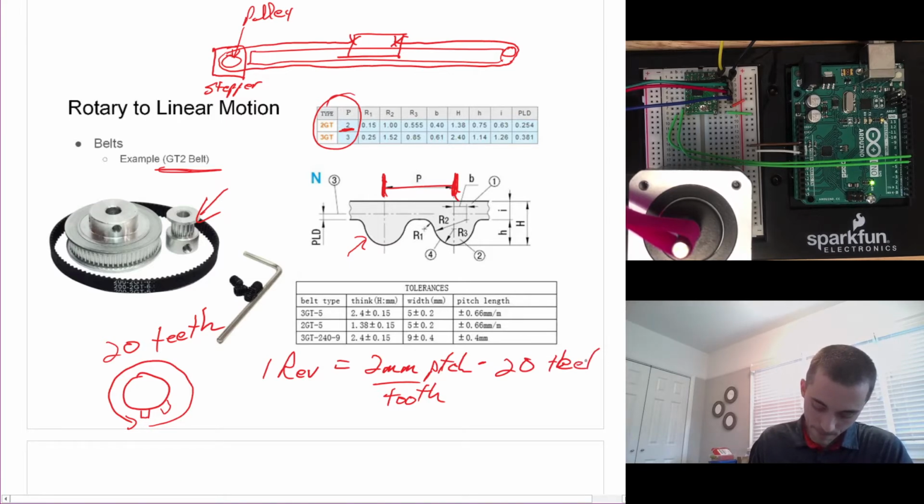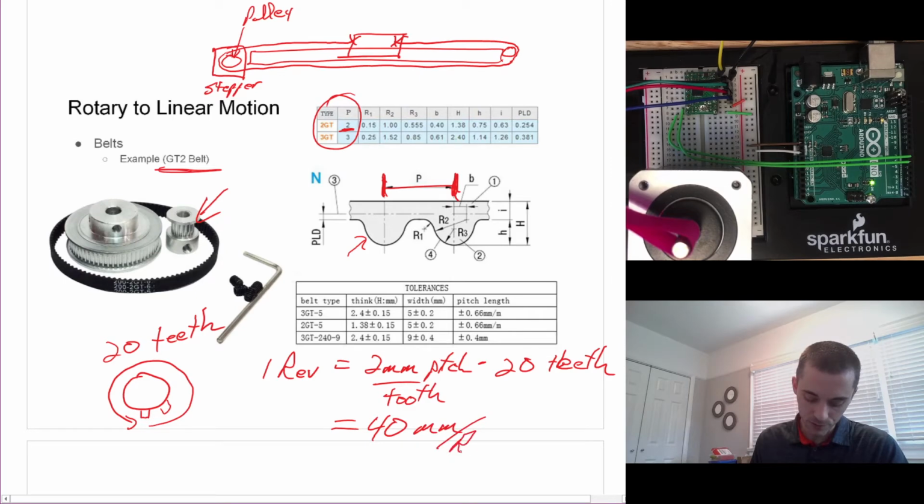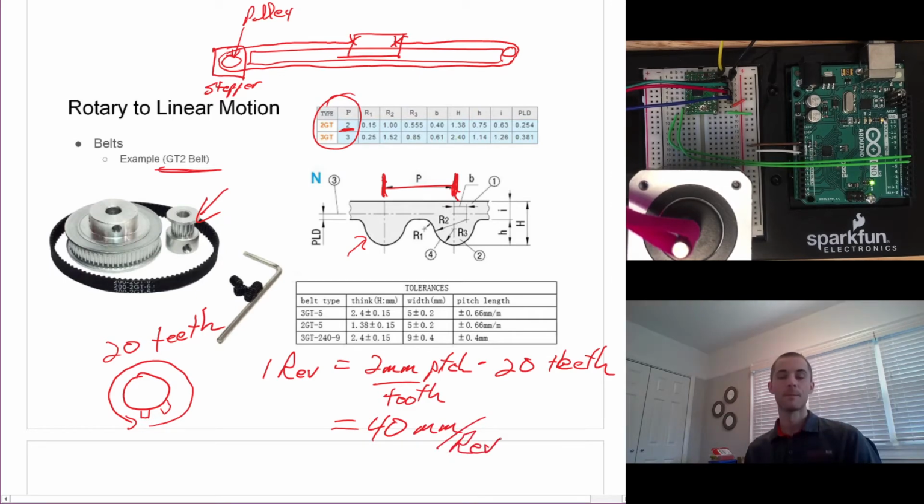So the total movement we're going to get out of this is 40 millimeters per revolution. All right. And so now we spin it once, just once all the way around. We've got 40 millimeters of travel.